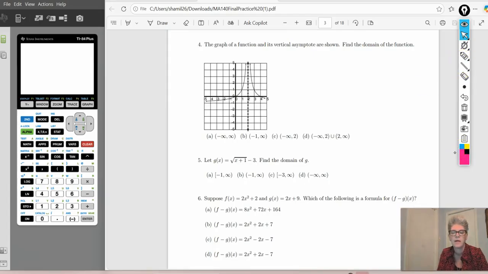That dotted vertical line is a vertical asymptote. So the graph of the function will approach, but it's never going to touch that vertical asymptote. So if I'm using the x-axis to measure how wide this is, and you can see this arrow goes like that forever, I'm coming in from negative infinity, and I always have points on the graph until I get to 2.